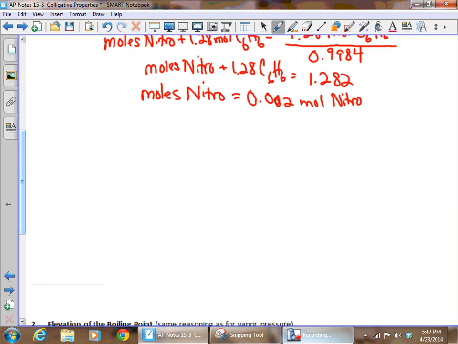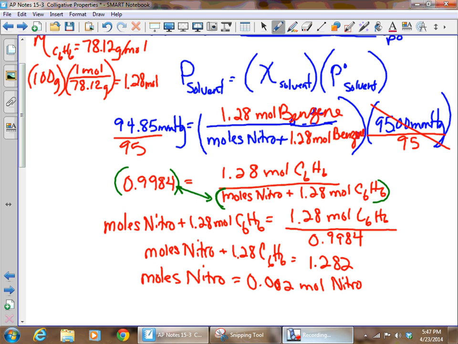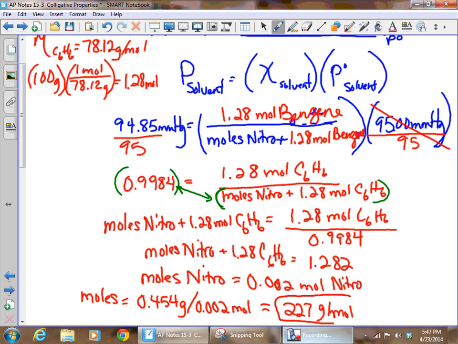So if we know that, then we can take the fact that the molar mass of nitro is going to be equal to the 0.454 grams divided by the 0.002 moles, and we end up with 227 grams per mole for the molar mass of the nitro.